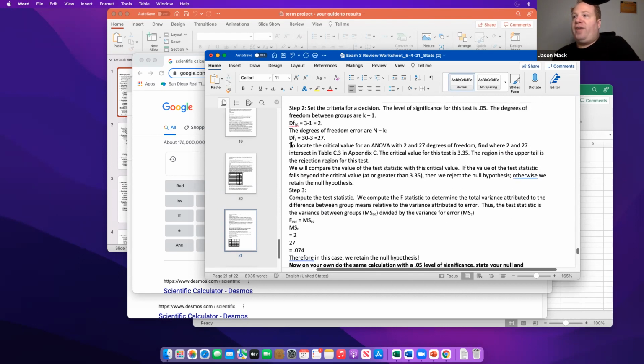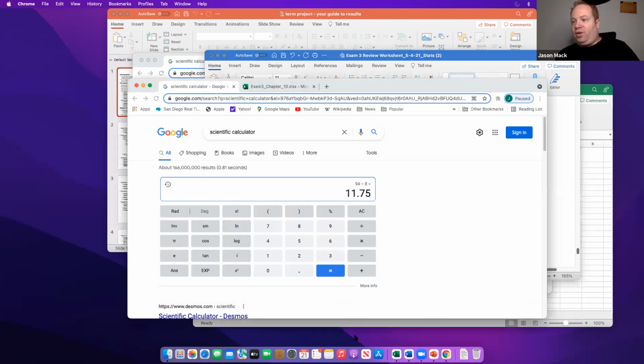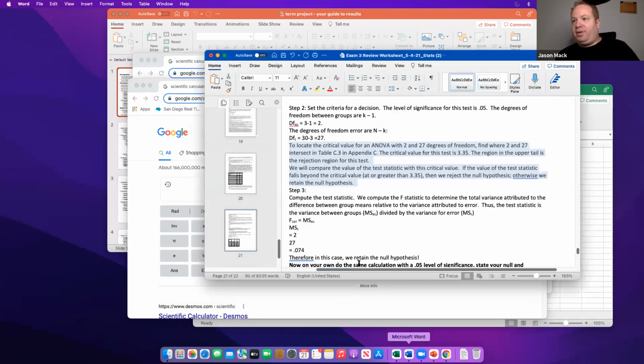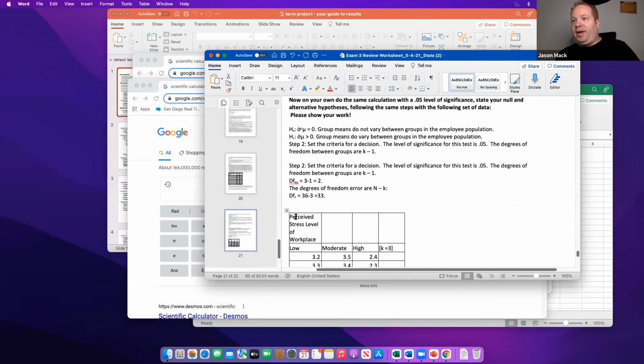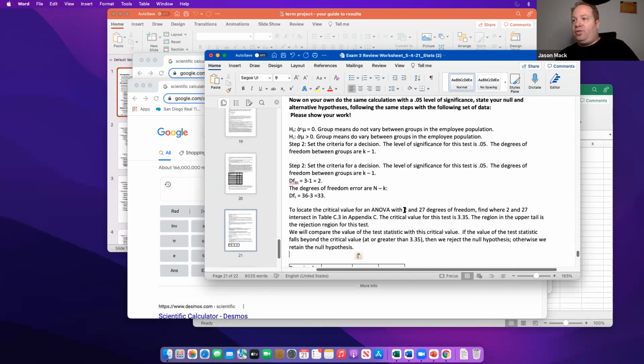Therefore, we're going to find the critical value for 3 and 33 degrees of freedom, and it's not going to be 3.35. So we'll go back to our Word document here, and this is going to be 3 and 33 degrees of freedom. Well, where do those intersect? We need to go look at our F table.